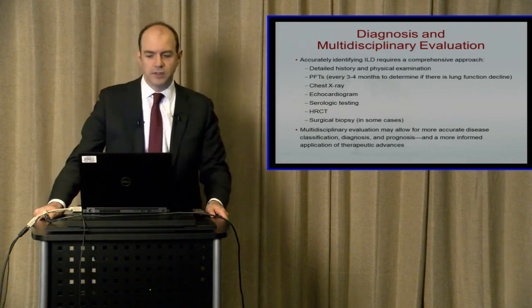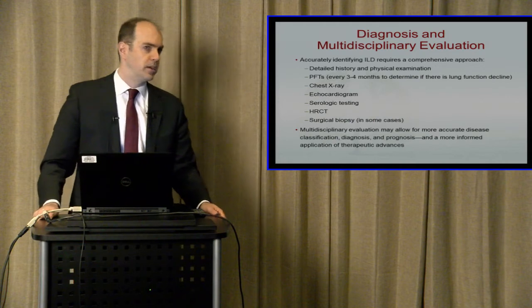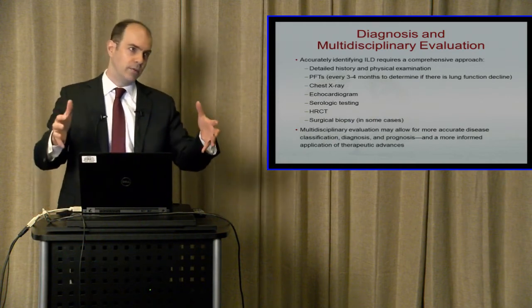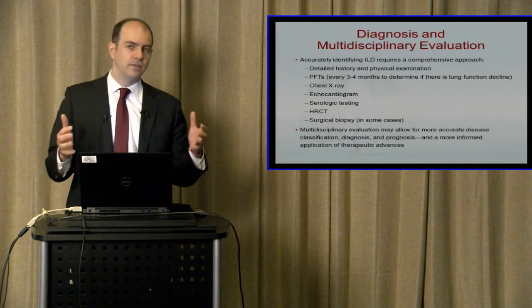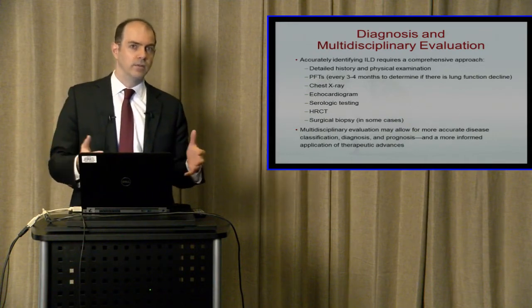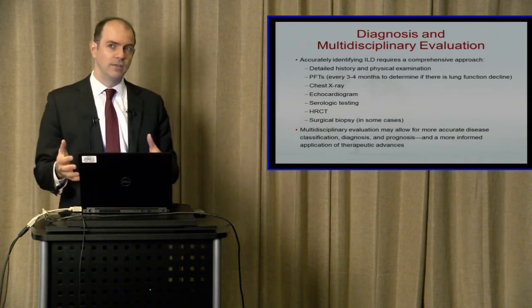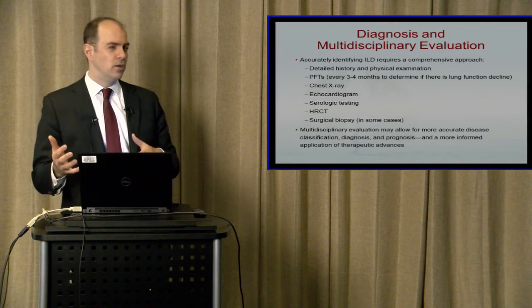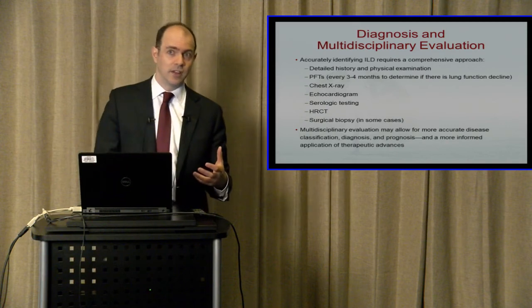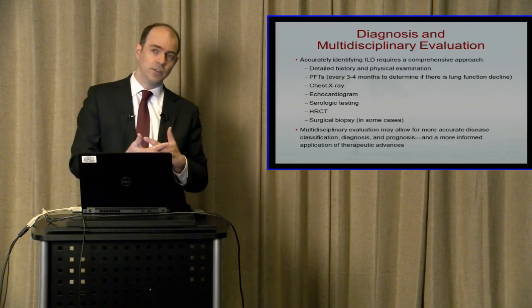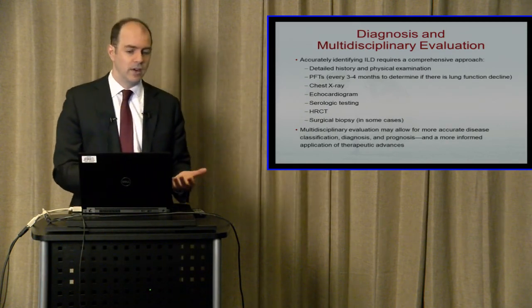So this multidisciplinary evaluation or multidisciplinary discussion is what I was referring to when the pulmonologists and radiologists get together. Each of us alone, and this has been looked at even in research studies, so when a pulmonologist is trying to figure out for an ILD patient which kind of ILD this is, it can be very challenging. The radiologist alone doesn't have the clinical information, but when you put two heads together, you can often get a better answer.